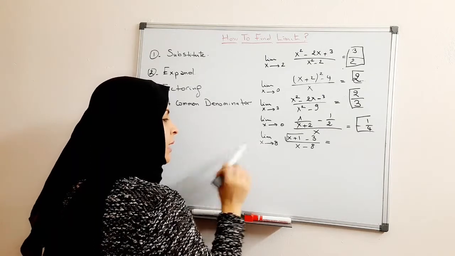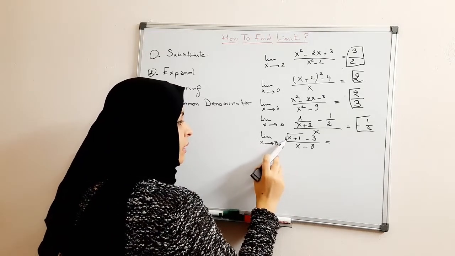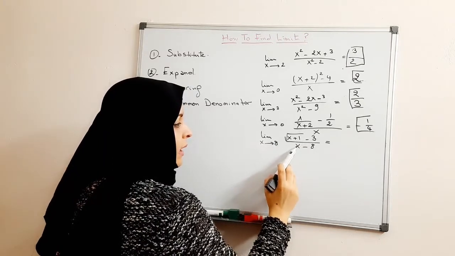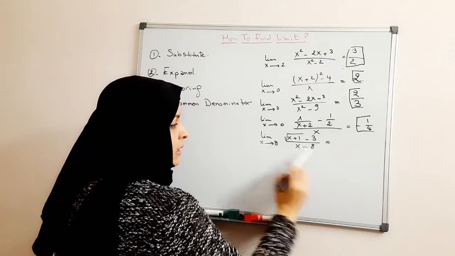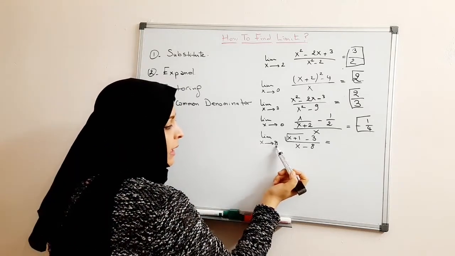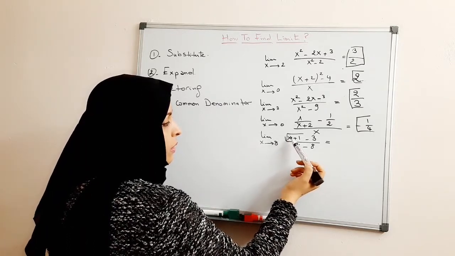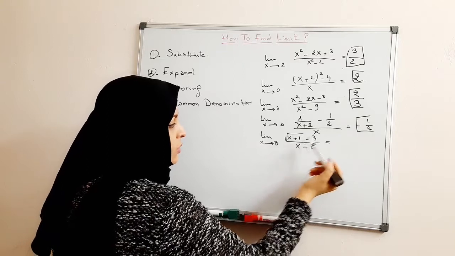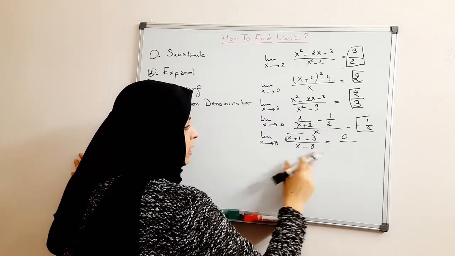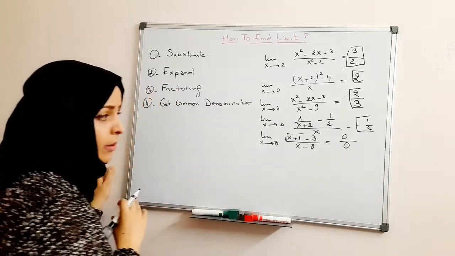The limit when x approaches 8 of the square root of x plus 1 minus 3 over x minus 8. Okay, if we try to substitute by 8, we get the square root of 9, it's 3, minus 3, it's 0, over 8 minus 8, 0. It's an indeterminate form.